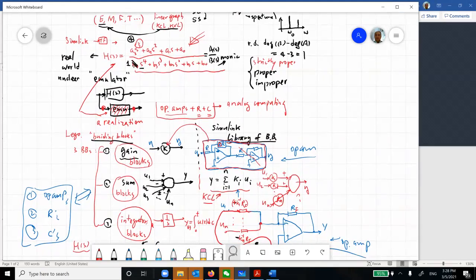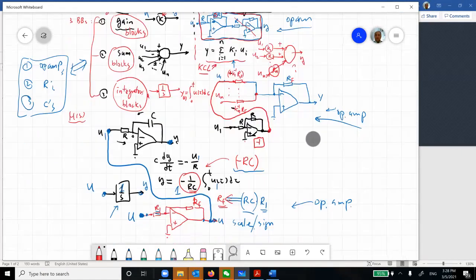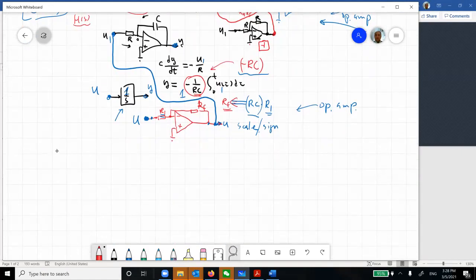So I'm going to focus on this transfer function to see how I can make op-amps to draw that. What I'm going to show you is that I have input F, output Y, and here I have a feedback. So this is A(s) over B(s).